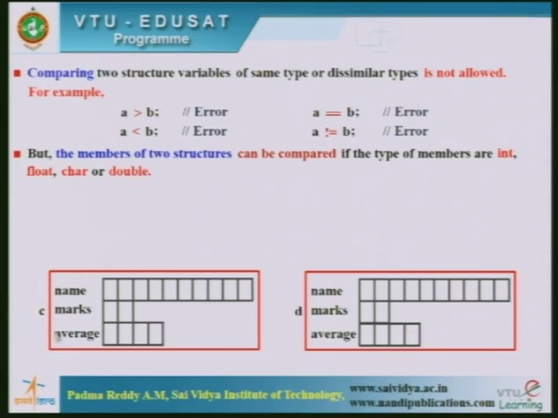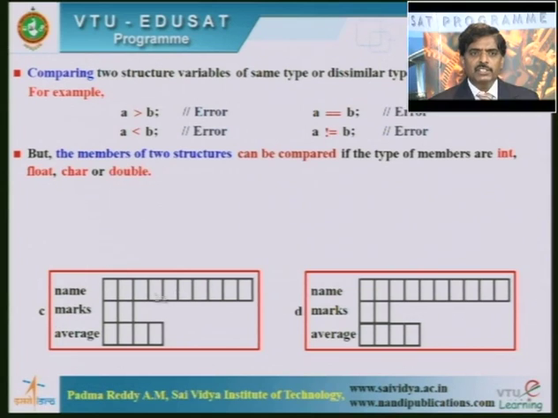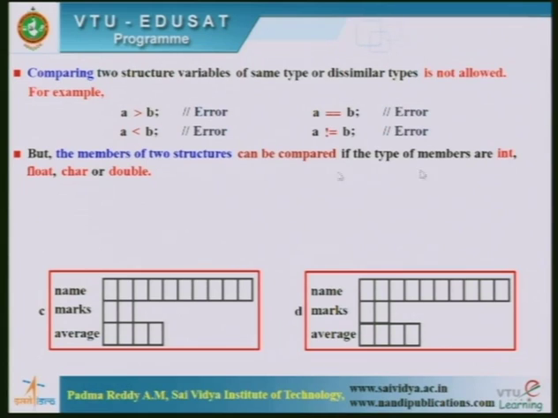Now, if you observe, name is an array of characters, it is a string. This is also a string. So, we cannot use greater than, less than, equal to, not equal to to compare two strings. So, here the members of the two structures can be compared if the type of members are what? Int, float, char and double.